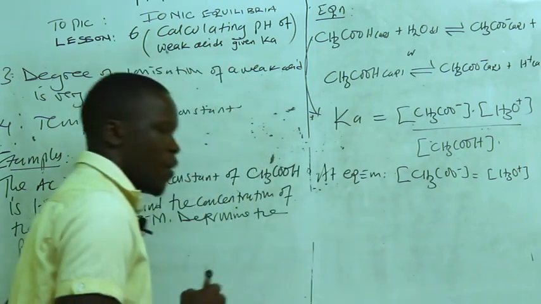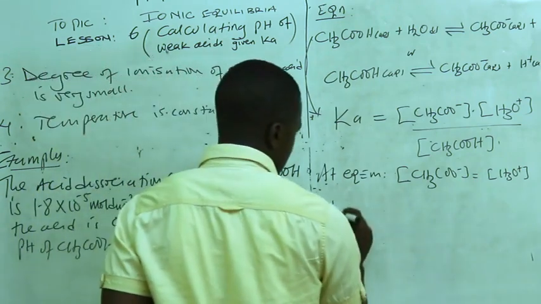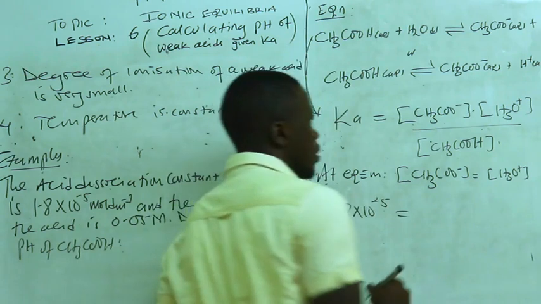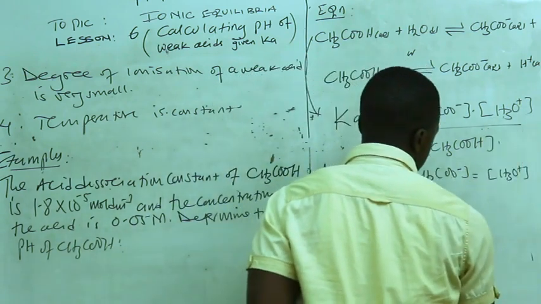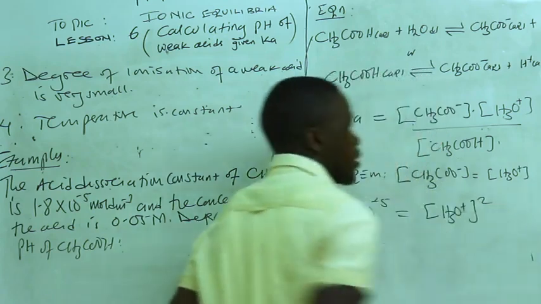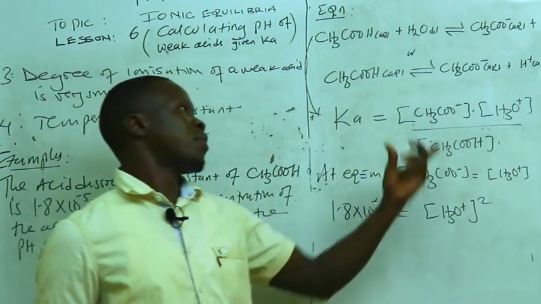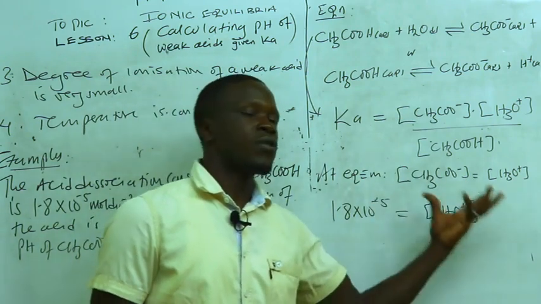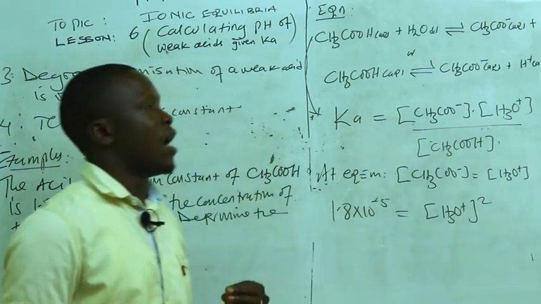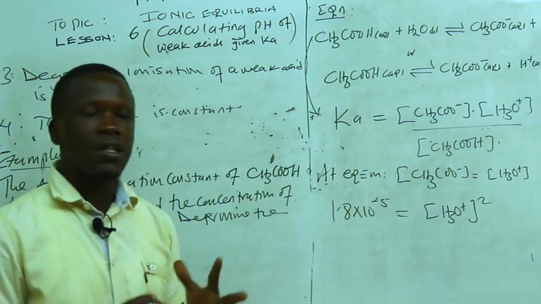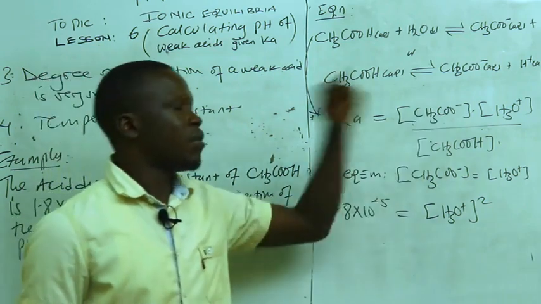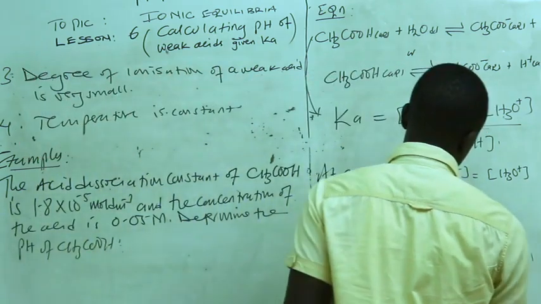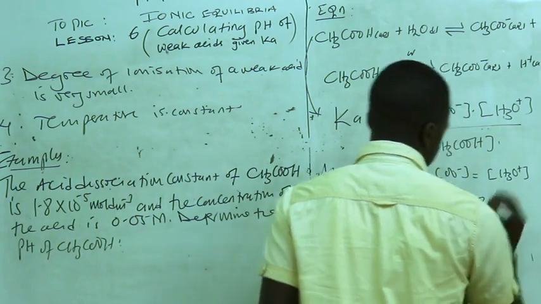Therefore, our Ka, which is given as 1.8 times 10 power negative 5, is equal to the concentration of hydroxonium ions squared, because the concentration of ethanoate ions is equal to the concentration of hydroxonium ions, so it can take up that place, and then it becomes squared, over the concentration of 0.05.